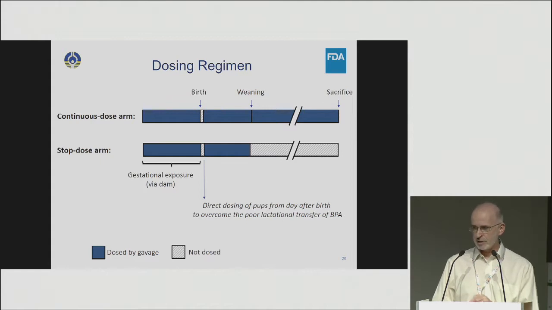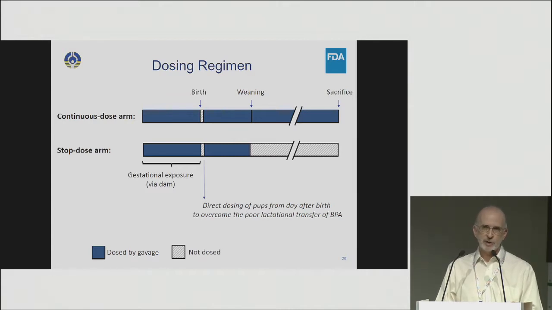I've added again this line about the direct dosing of the pups to remind myself that while we based this on the BPA, the same type of pharmacokinetics occurs with ethinylestradiol in the rat. So the adult rat gets a very low exposure at a given dose relative to a pup that's directly dosed.